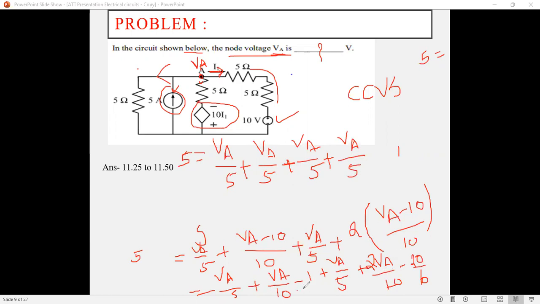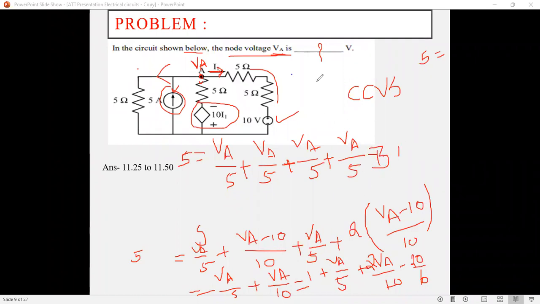Now the remaining term is minus 1. Again minus 1 is left. Then 20 divided by 10, it is nothing but minus 2. So it becomes minus 1 minus 2, minus 3.